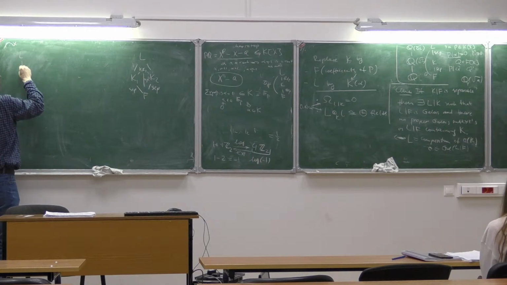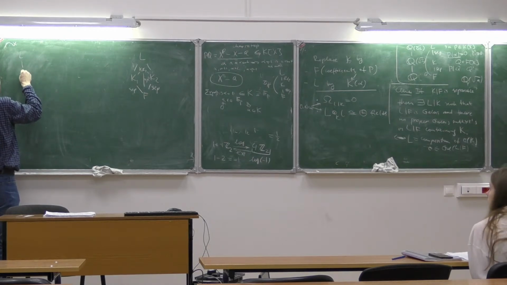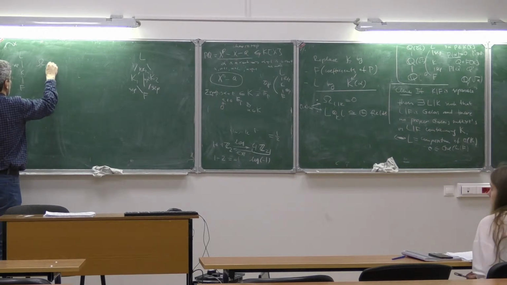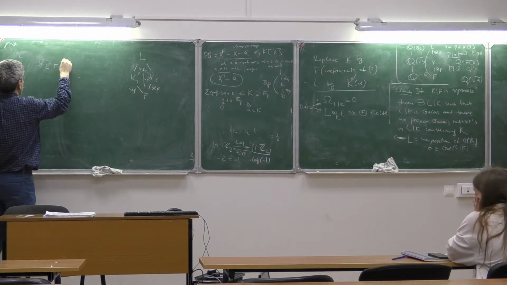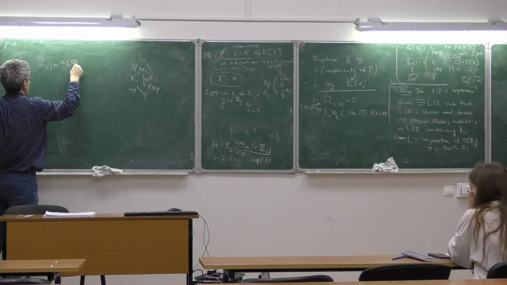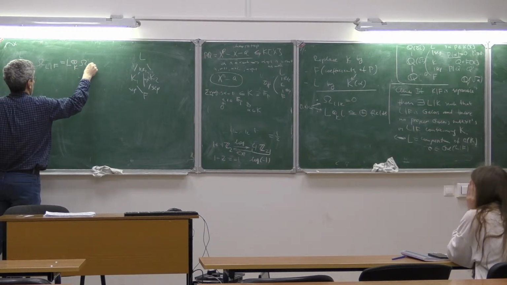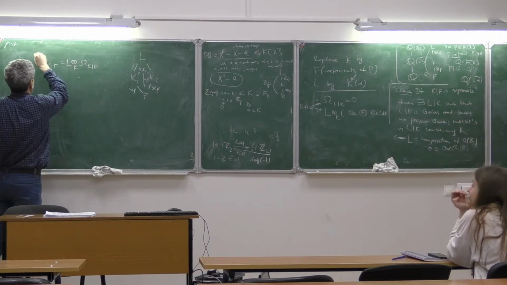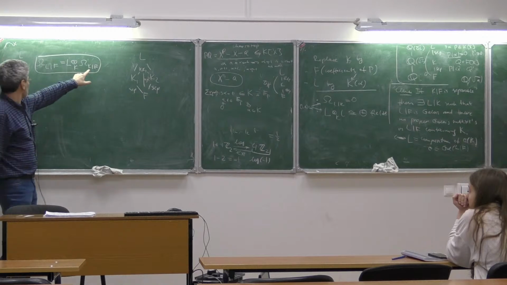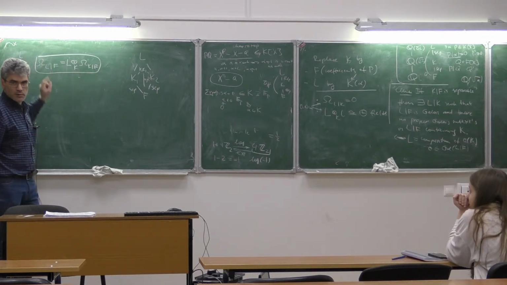If we have L, K, F and this is separable, then differentials on L over F are just L tensor over K of K over F. If this is separable, this is 0, and therefore this is 0.